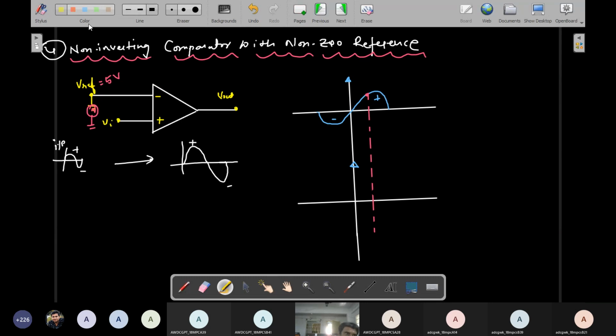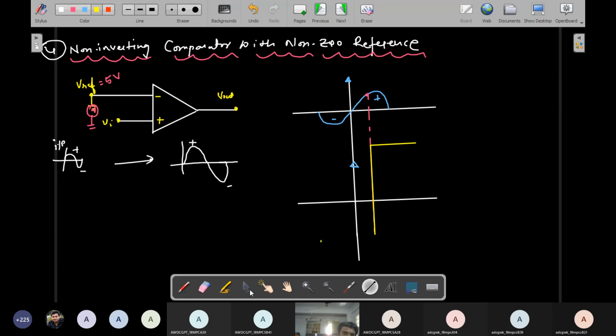So here finally this is the positive voltage. See here I'm using yellow color. Now what is the positive saturation? This positive saturation is like here, and similarly the positive saturation is like right there.